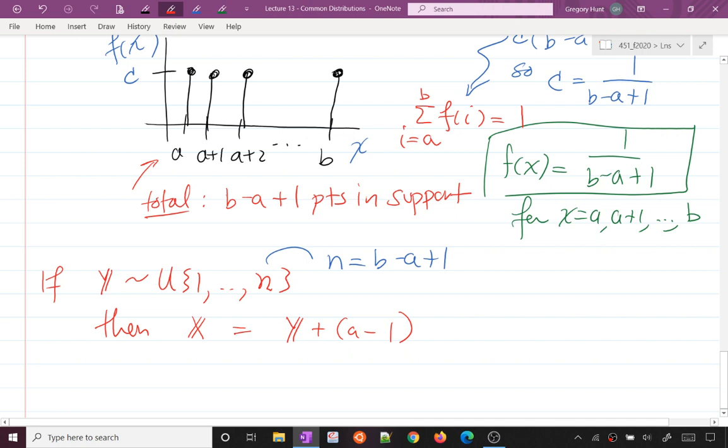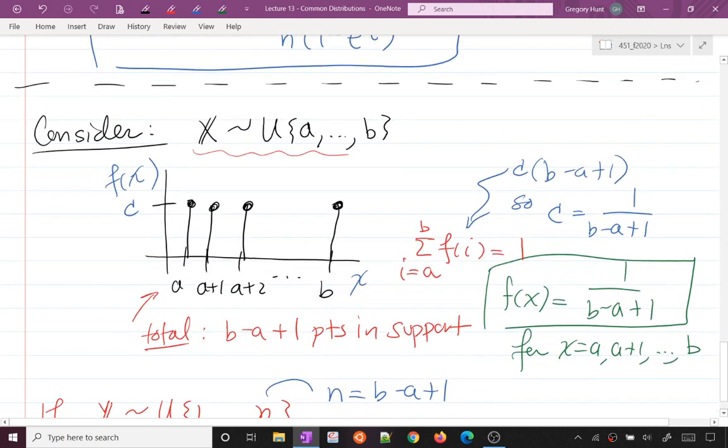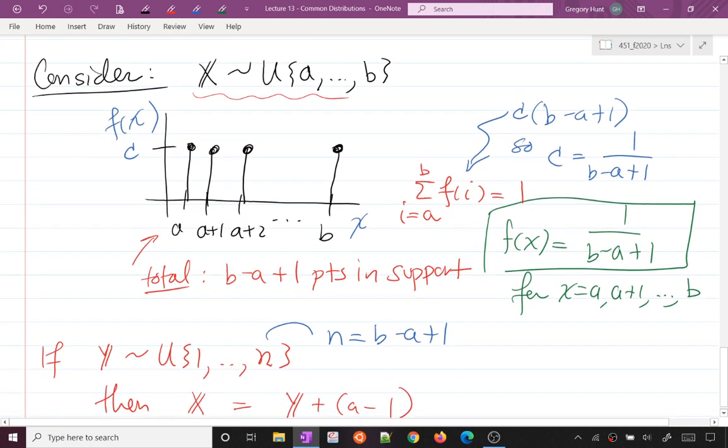The second point would be a plus 1. The third point would be a plus 2, etc. When we got to n, it would be b minus a plus 1 plus a minus 1, which would be b. So if we looked at a uniform on 1 to b minus a plus 1, and added a minus 1 to it, we would get a uniform a to b.